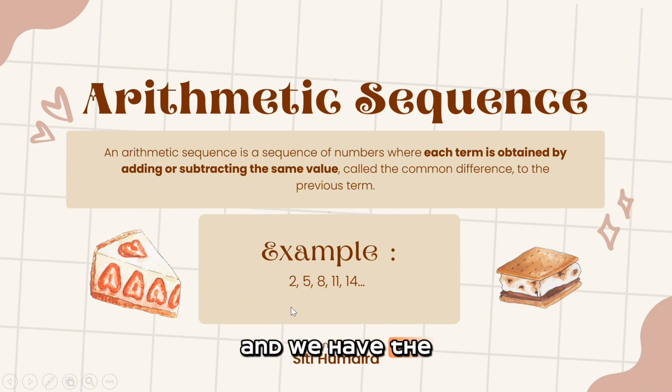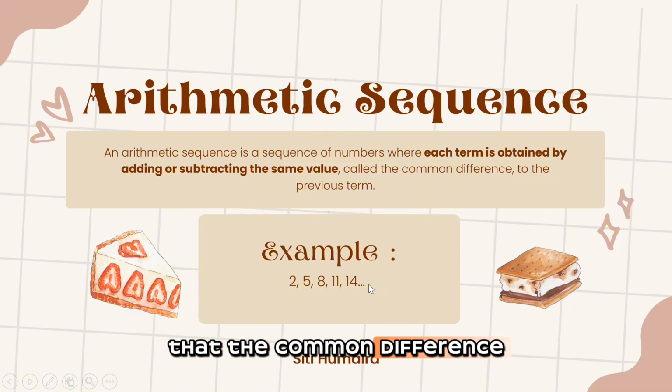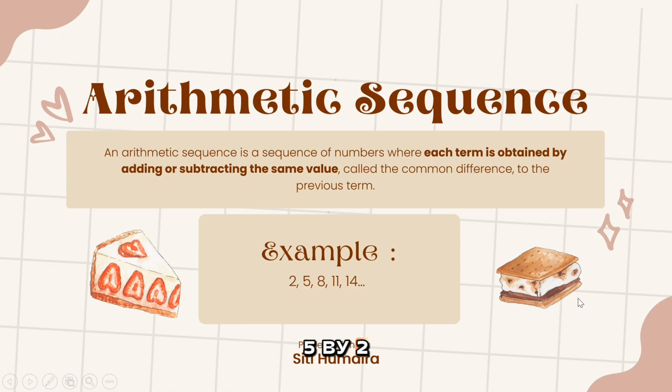And we have the example here, 2, 5, 8, 11, and 14. So we can identify that the common difference is 3. And we can obtain that by subtracting 2 from 5. And then we get 3.